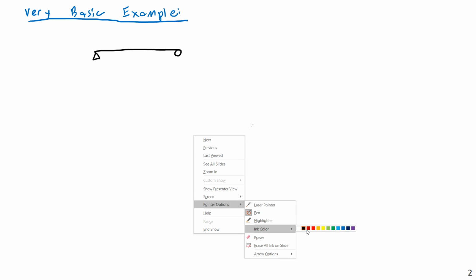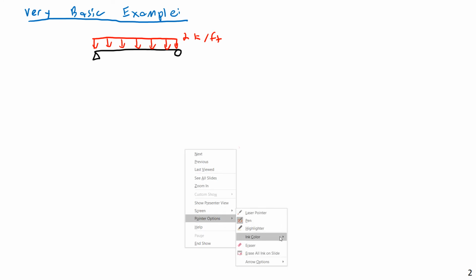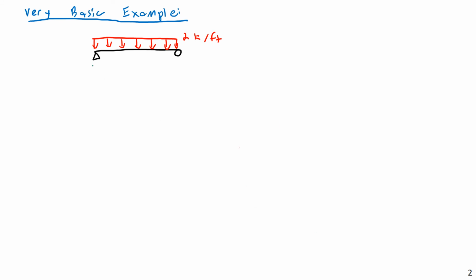Let's say we have a load of 2 kips per foot across the top of this thing. Two kips per foot, which means, of course, that each foot of the beam is going to have 2,000 pounds, or actually 1 ton, imposed upon the top of it. So 2 kips per foot. And maybe we can give this thing a length of 10 feet, why not?